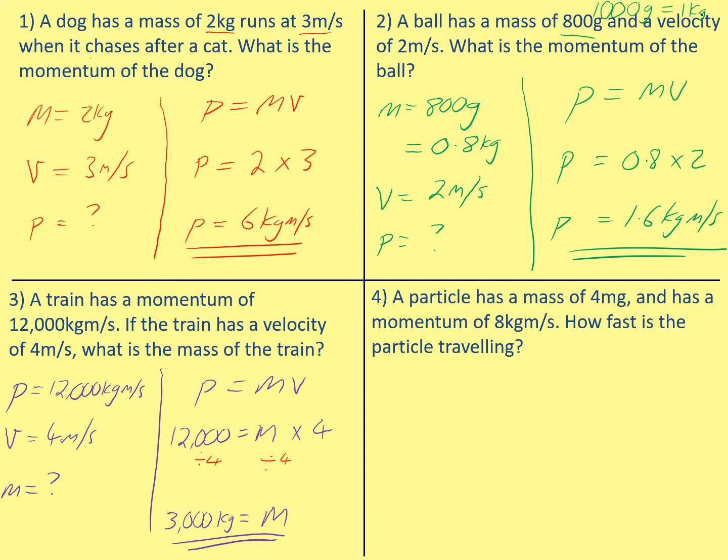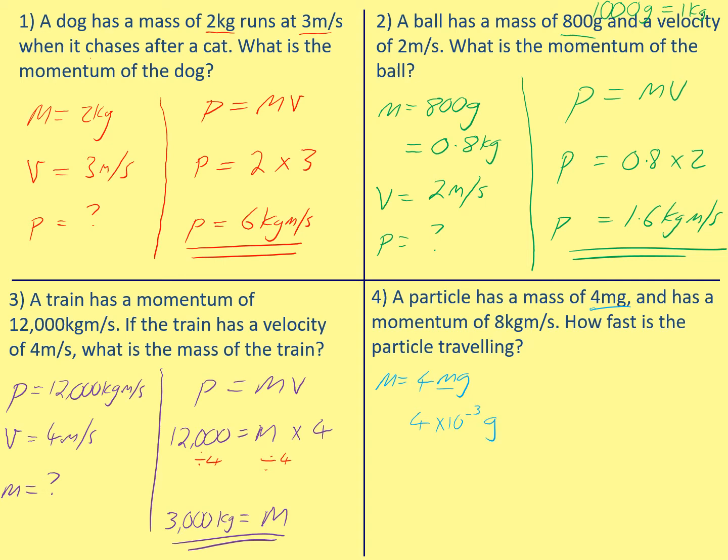A particle has a mass of 4 milligrams. So I'm going to write down mass is 4 milligrams. Now, 4 milligrams is not the right units. Milli can be written in standard form as 4 times 10 to the minus 3 grams.